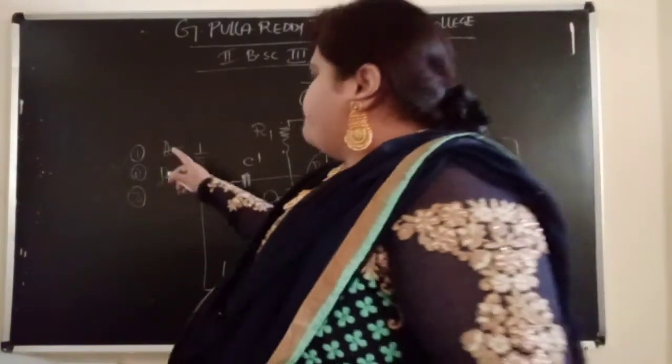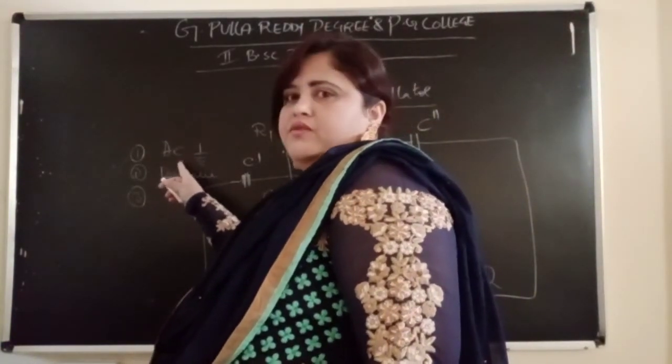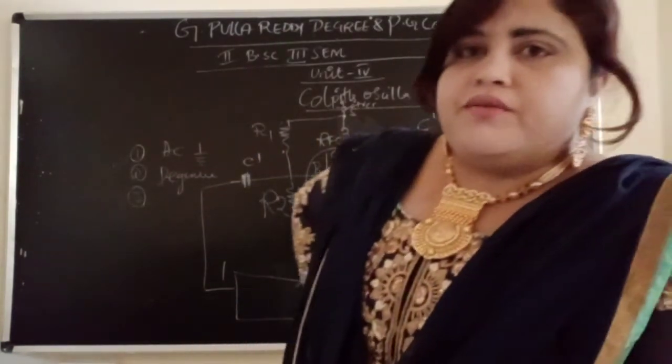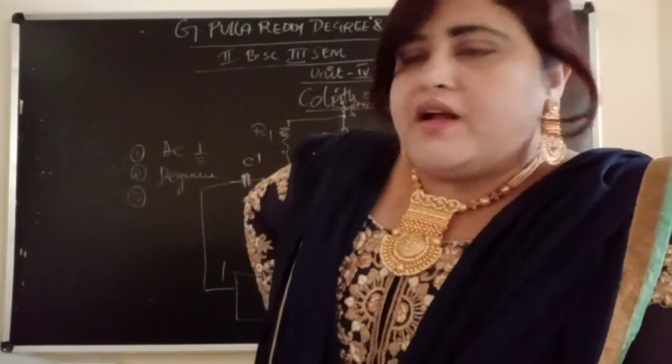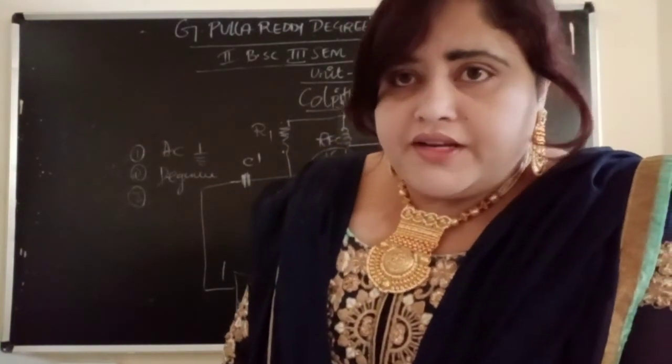So CE is doing three main operations. First operation, it will pass the AC to ground. Then second, it will not allow the circuit to become degenerative.